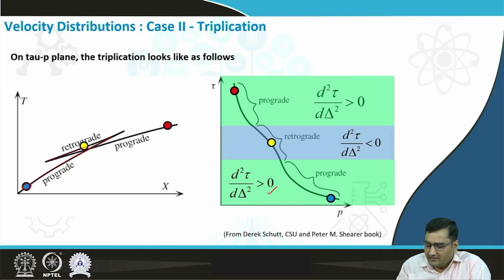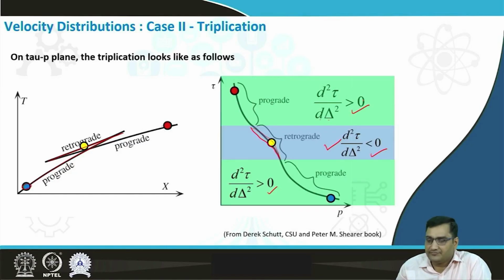On the backward branch associated with the retrograde motion, the yellow color dot can be traced at the retrograde branch, and that is related to d square tau by d delta square less than 0. And the red color dot can be traced at the prograde branch, that is d square tau by d delta square greater than 0.